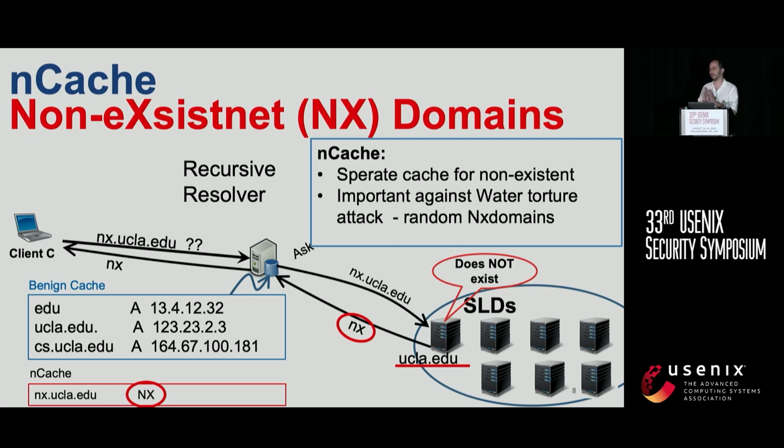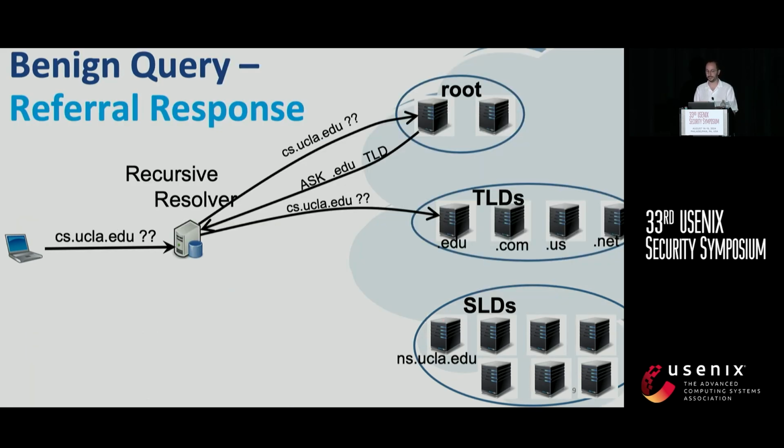We separate the negative cache from the benign cache. All recursive resolvers separate them because of non-existent domain attacks. This attack, also called water torture, asks for just random domains that do not exist, and this is why we have this separation between those caches.